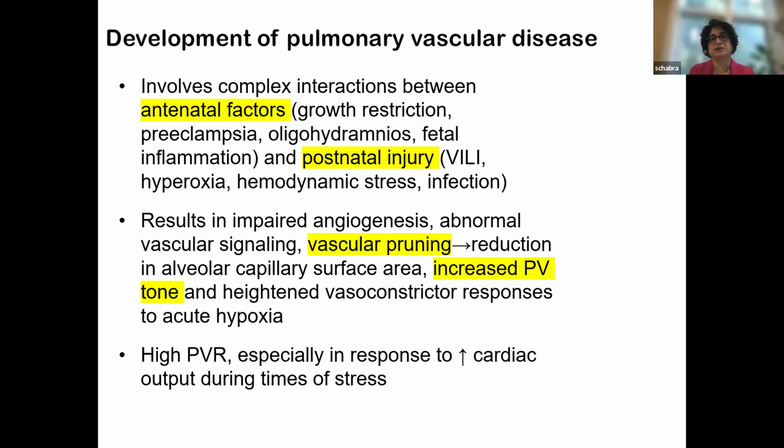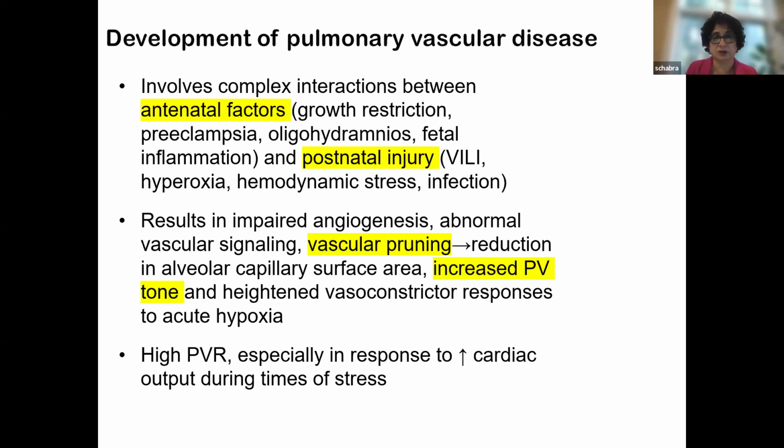So the antenatal factors being intrauterine growth restriction or maternal preeclampsia, oligohydramnios, or any sort of fetal inflammation, either due to rupture of membranes or infection in the mother, postnatal injury like ventilator-associated lung injury, any hyperoxia or hemodynamic stress.